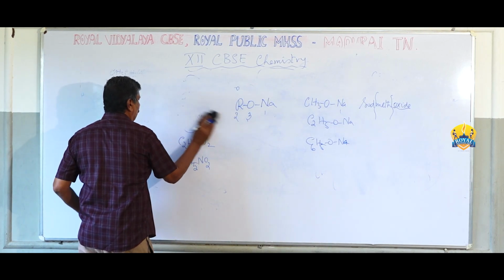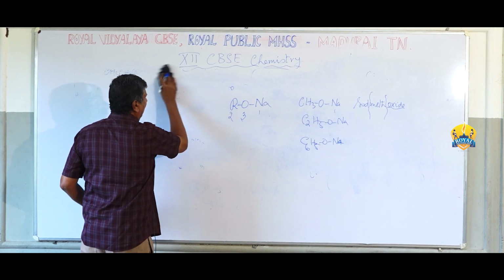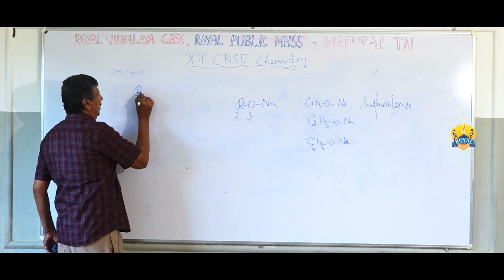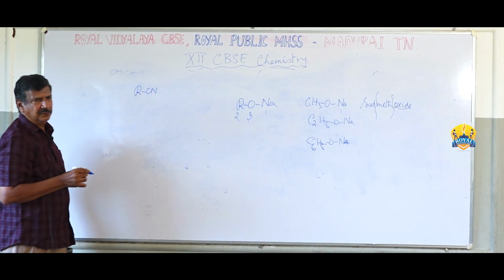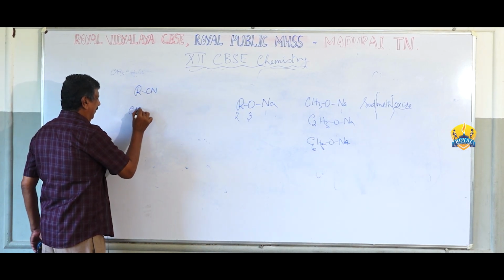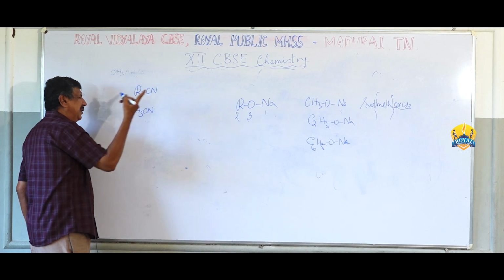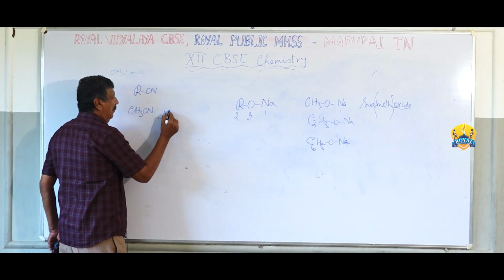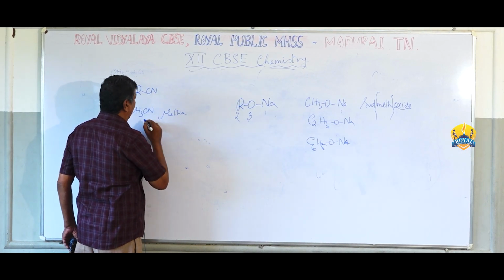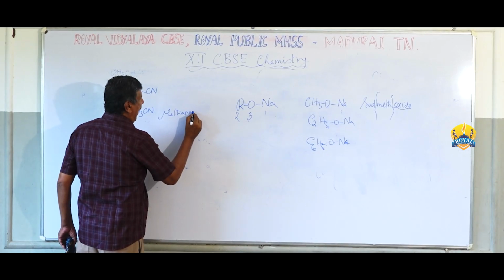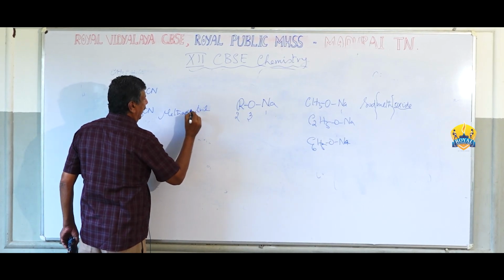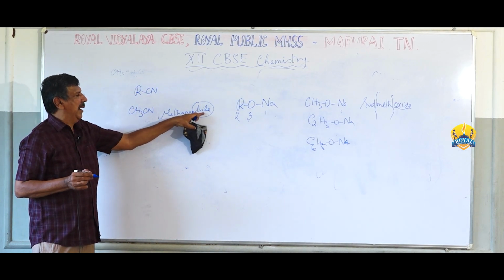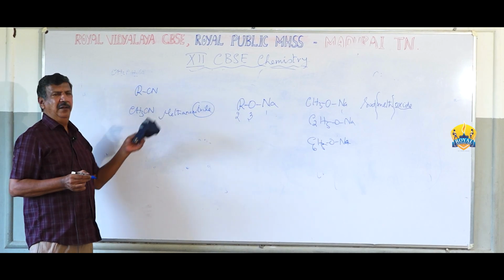Then we are coming to the last one of the naming of the compounds. Cyanide. That's all. Basic, very easy. See, methyl cyanide. Or you can name it like this: methane nitrile. When you call this nitrile, you should call it methane nitrile because it is from methane.